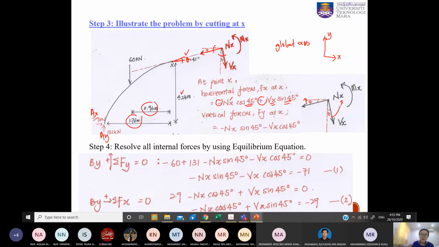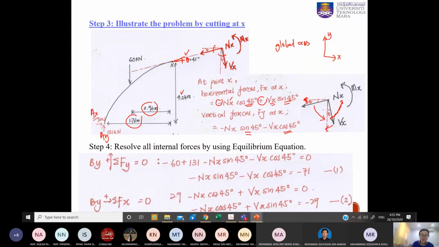Then you need to resolve forces into the vertical y. How do you do that? Now I'm not considering this anymore, I'm considering vertical. My nx will be resolved into vertical away from my angle, so I use sine 45. And this vx, I resolve vertically toward the angle, so I use cos 45.